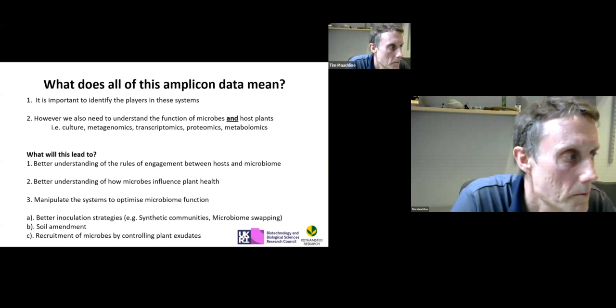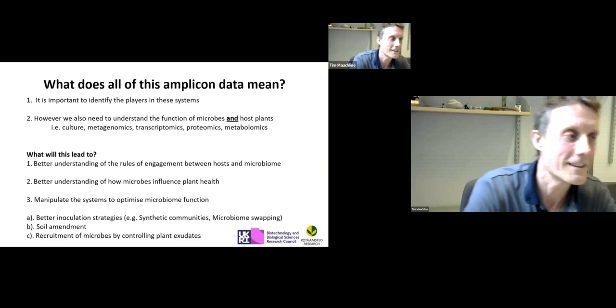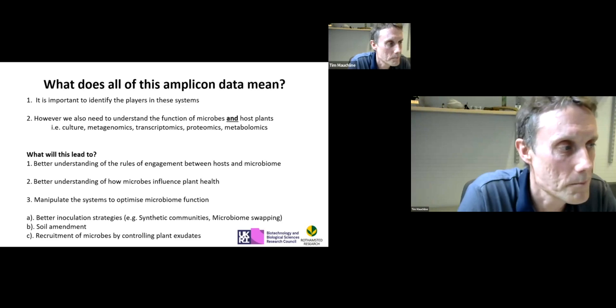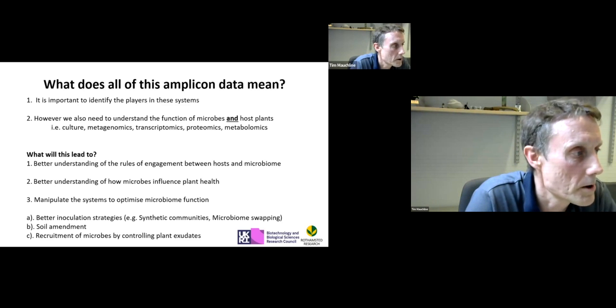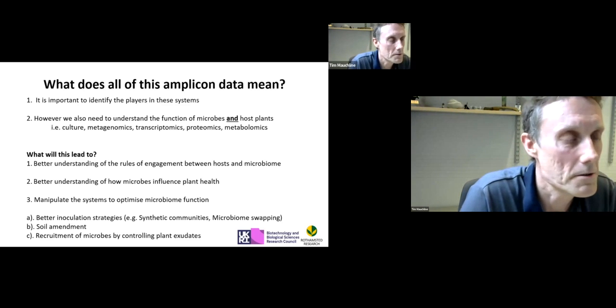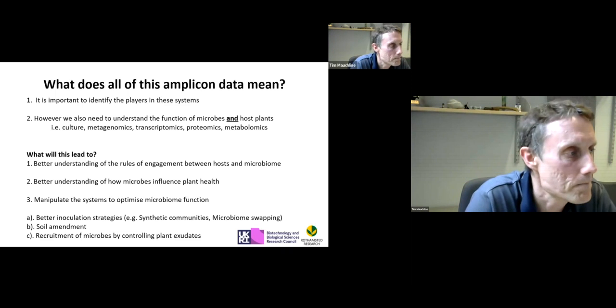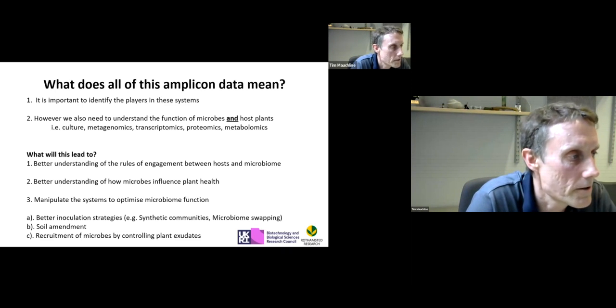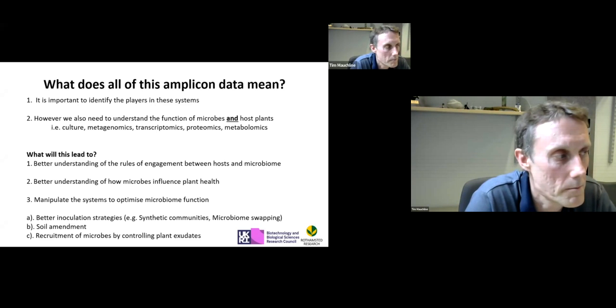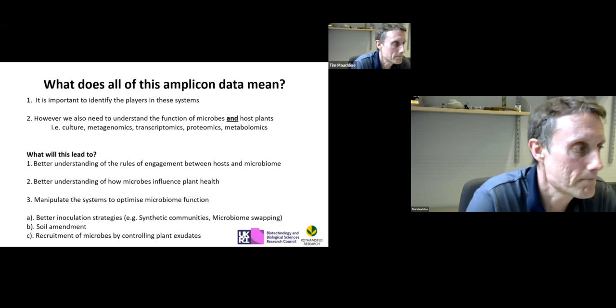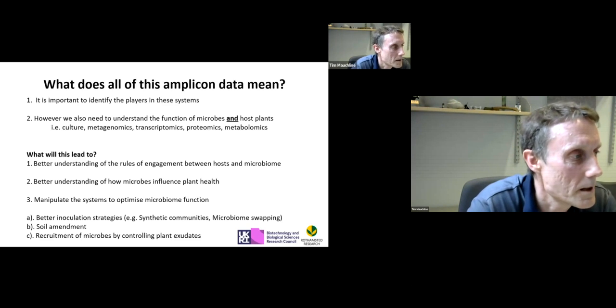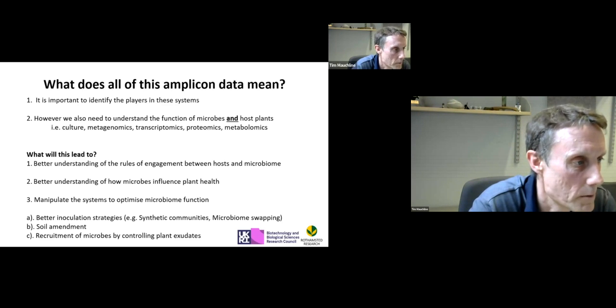So there's a lot of work out there looking at amplicon microbiome analysis, but what does this really mean? I think the important thing is to firstly develop an appreciation of the players in these systems. But really, the amplicon work doesn't give much of a lead on the function of microbes.